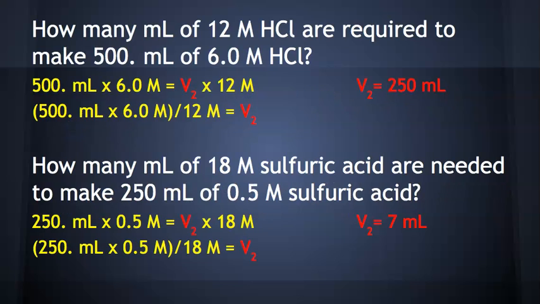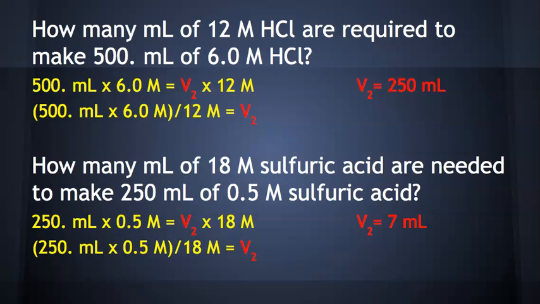Okay, looking at that first problem, how many milliliters of 12 molar HCl are required to make half of a liter or 500 milliliters of 6 molar? So we'll say our first volume, and which one you call first is really irrelevant. 500 milliliters times 6 molar equals V2 times 12 molar.